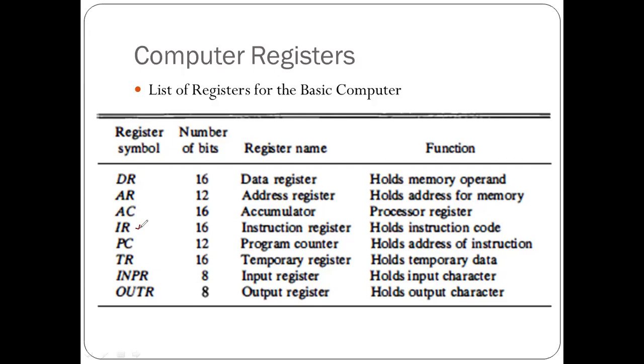These we call register reference instructions. In a register reference instruction, I do not need to specify the 12-bit memory address in my instruction. Only the type of operation that you want to perform on the register is sufficient.